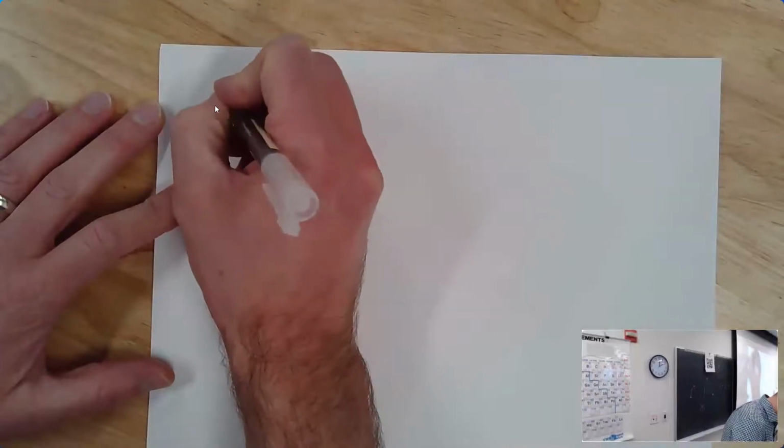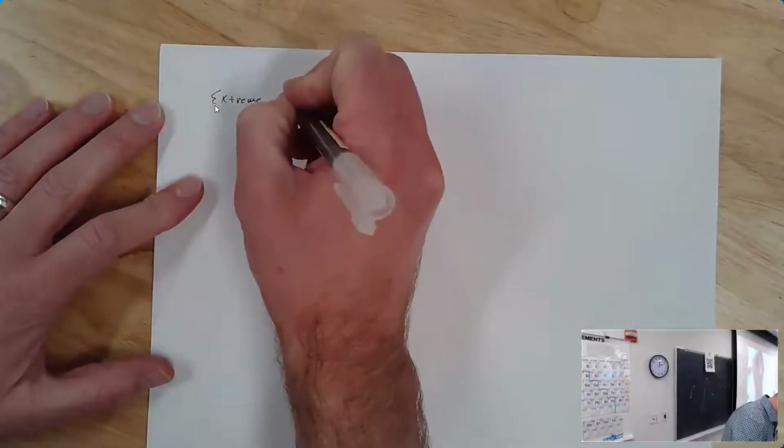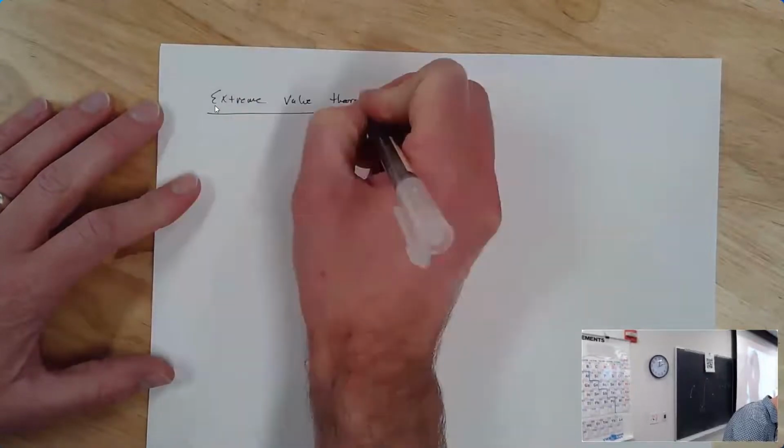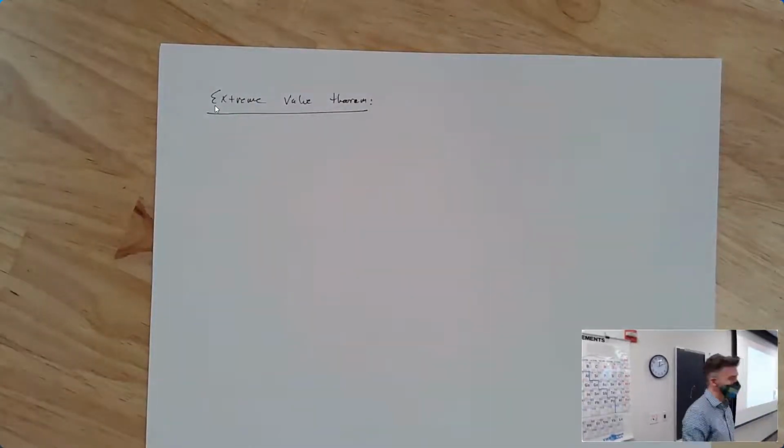So let's talk about the extreme value theorem. Which really just says, if you have a function that's continuous on a closed interval, then it's going to have an absolute max and absolute min.